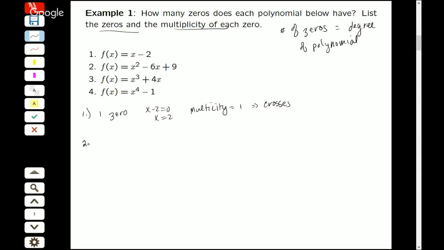Let's look at the second one. First of all, how many zeros does it have? 2. And let's factor it right here. So I have x minus 3 and x minus 3, which is x minus 3 squared.